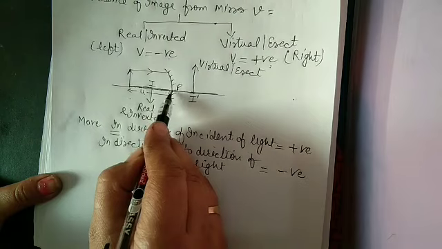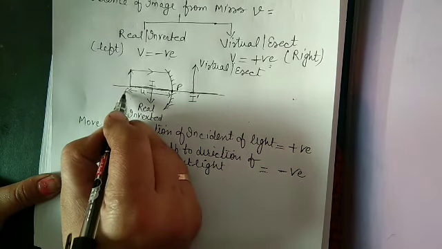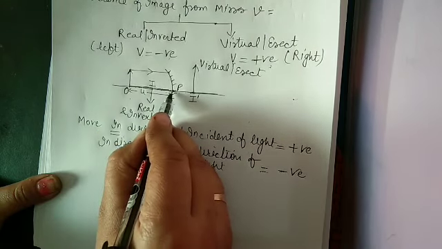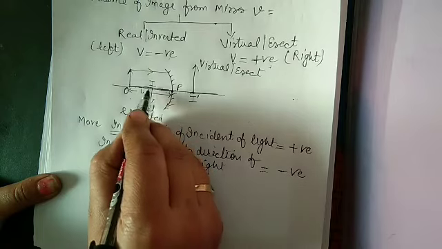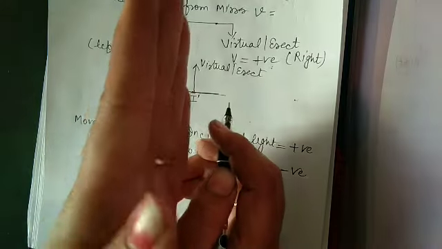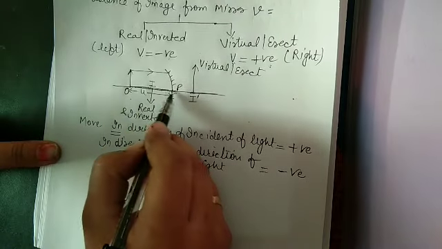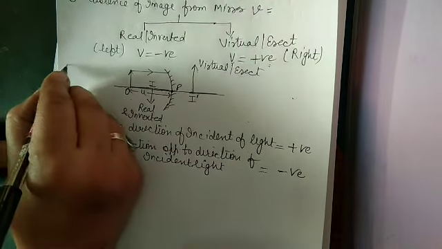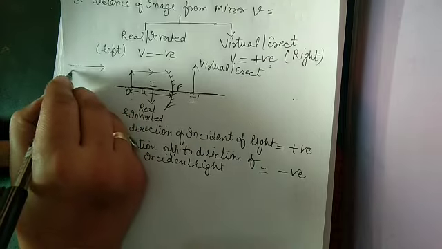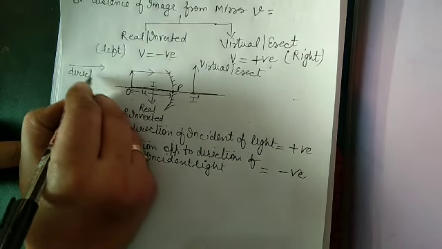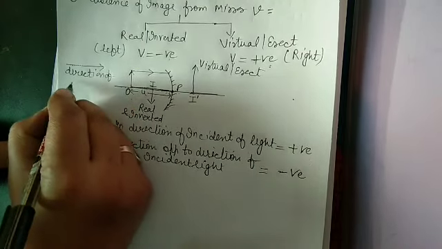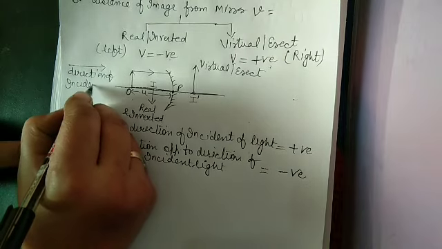For example, when for the object distance measurement you are moving from pole to O, this direction, and light is going in the opposite direction, U is negative. It means this one is the direction of incident light.